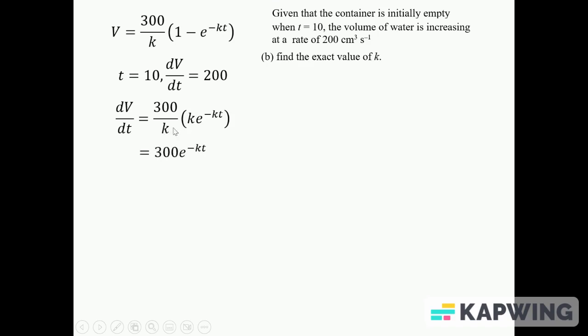And that's going to be 300 because the k's cancel, times e to the minus kt. Put that equal to 200. And then multiplying by e to the 10k and dividing by the 200, I get this. So k equals 1/10 ln of 3 over 2.